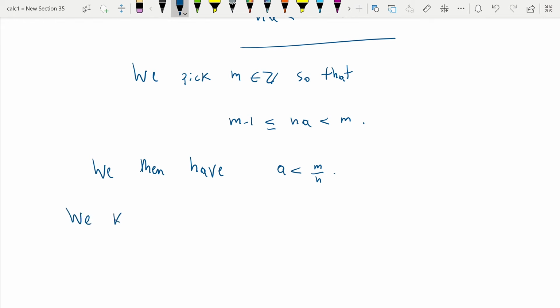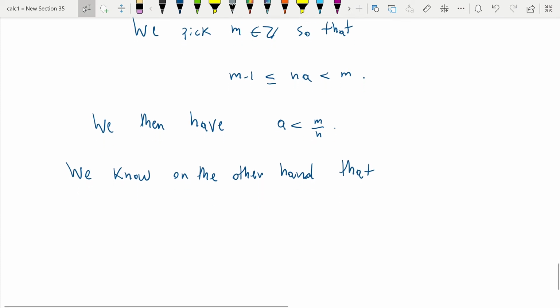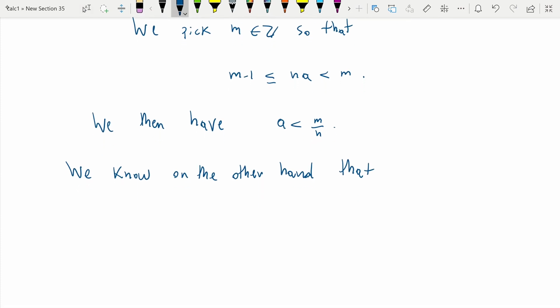We know, on the other hand, that 1 over n is less than b minus a, which is the same as saying that a is smaller than b minus 1 over n.